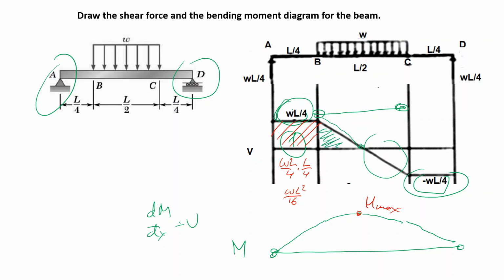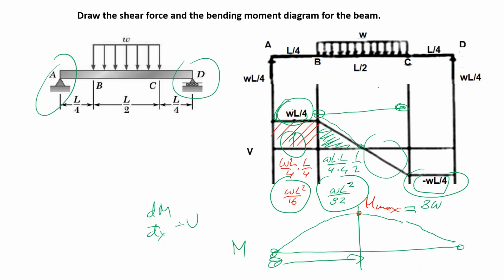This one is WL over 4, and since this is a triangle, 1 over 2, and this time it's WL squared divided by 32. And so from this point to this point, the total area is the sum of these two areas, and this M max will be 3 WL squared divided by 32.